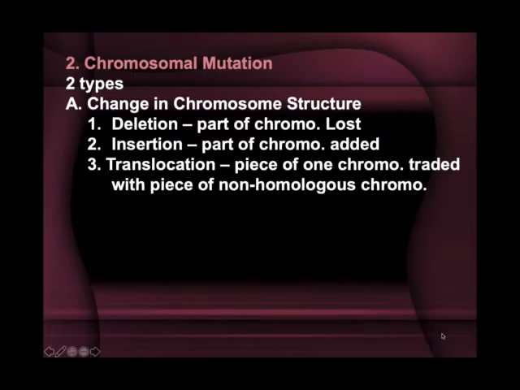If it's supposed to be on the short arm of the number 5 chromosome, and that short arm is stuck on the number 3 chromosome, the cell doesn't have that DNA in the right place. Even though it's somewhere, it's not where it's supposed to be, so that protein can't be made. So these are really huge deals when it comes to how they affect the offspring.